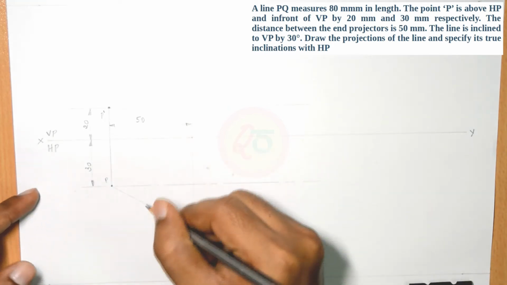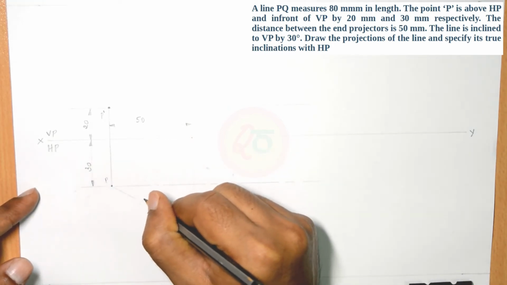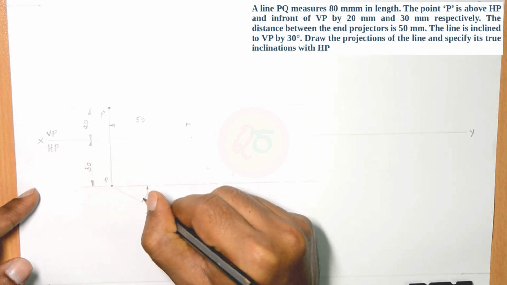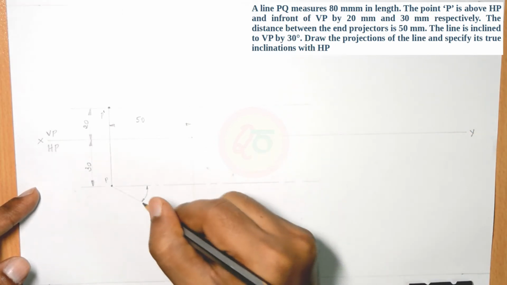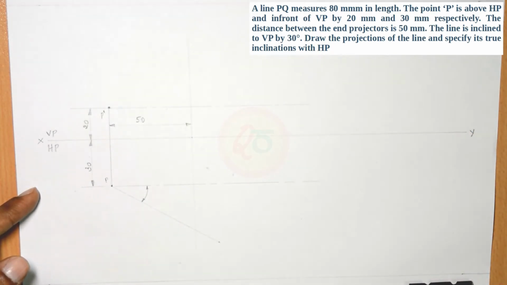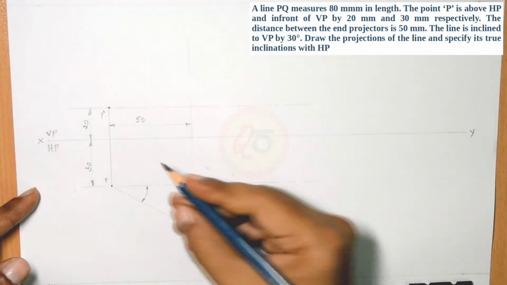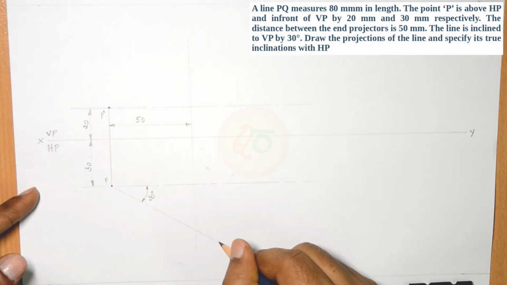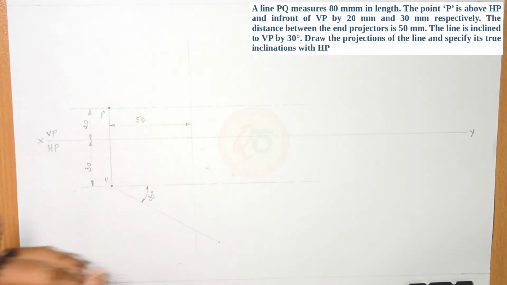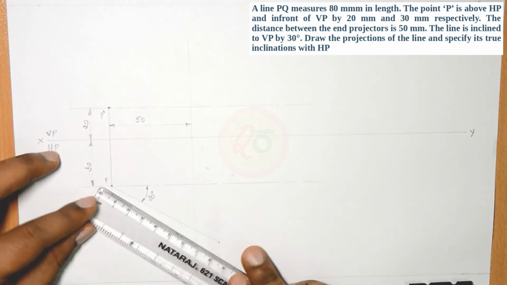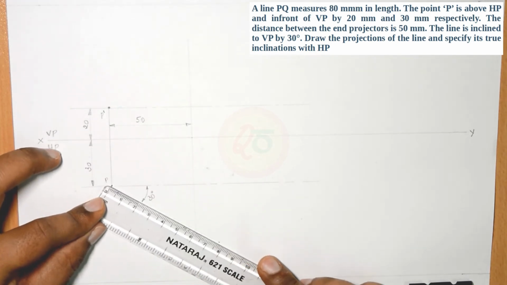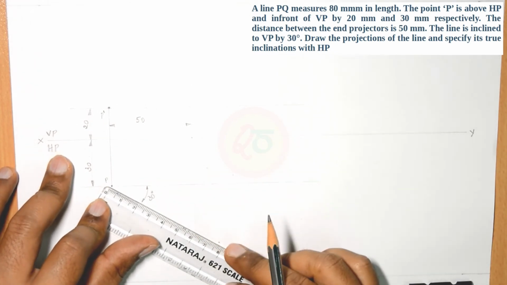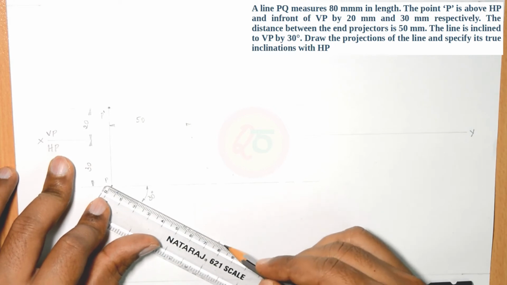So let me denote the angle. It is 30 degrees. Let me cross check once again. Okay, it is a little short as expected.